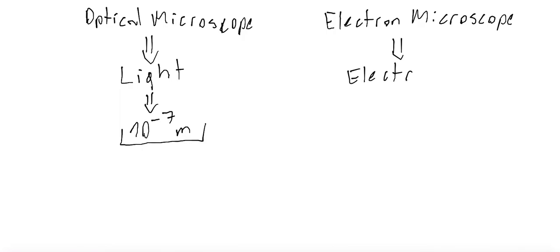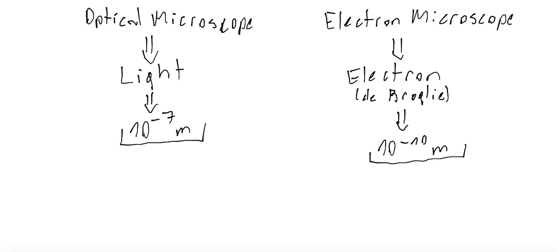Each electron has an associated wave of wavelength given by the de Broglie equation, and it results in a wavelength of 10 to the power of minus 10 meters. So details which can be seen by a typical electron microscope are 10 to the power of minus 10 meters.